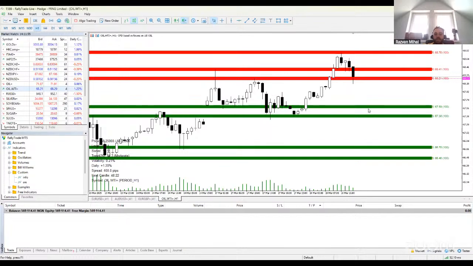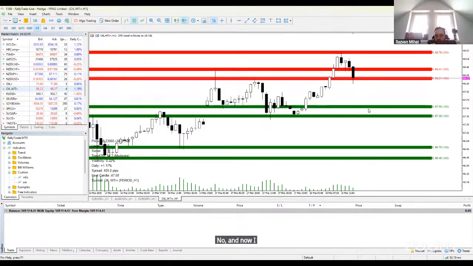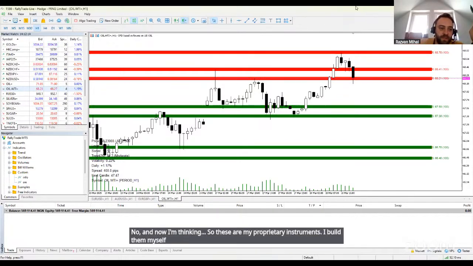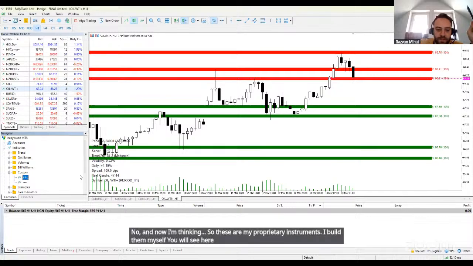So I can see that many people would be interested in having these indicators. Now I'm thinking, these are my proprietary instruments. I build them myself. Let me just show you.